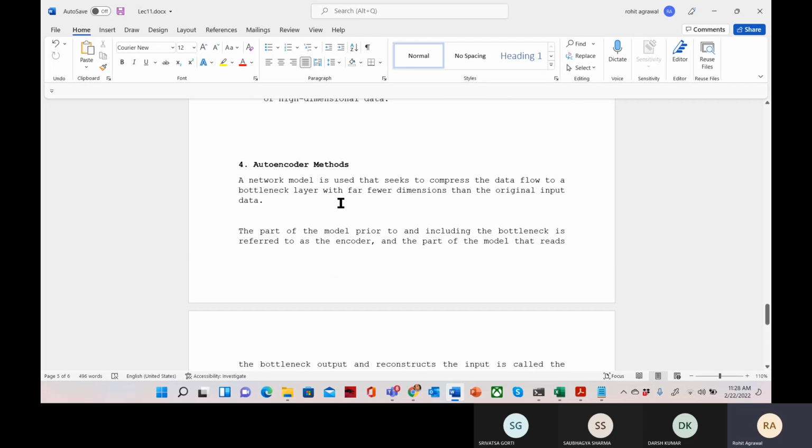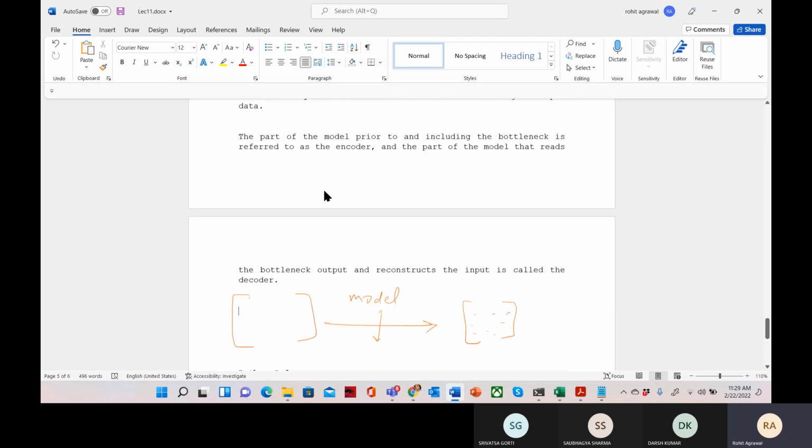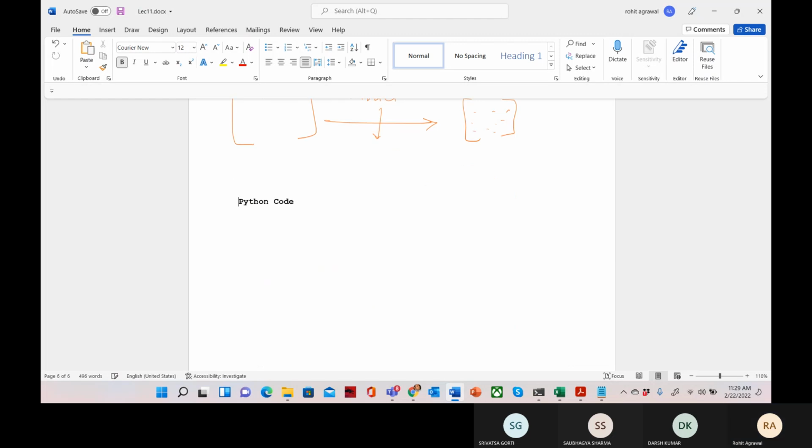That means a model is used that seeks to compress the data flow to a bottleneck layer. We will have different layers. From here we will do some kind of learning and we will have this data, whose size is less.